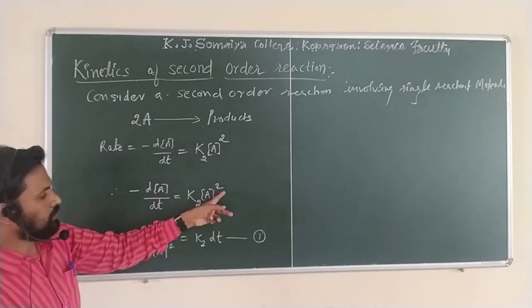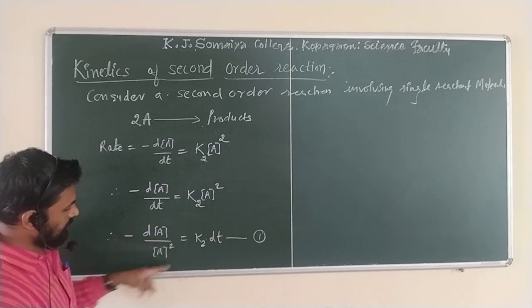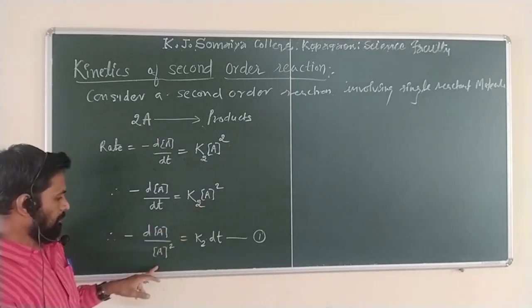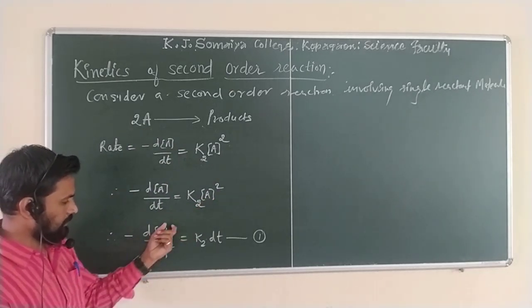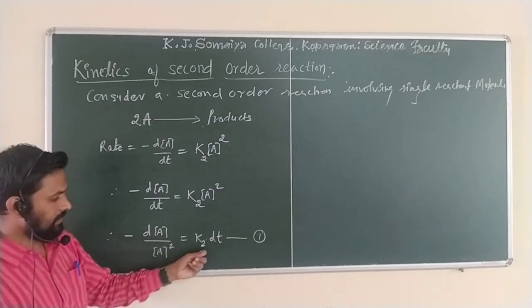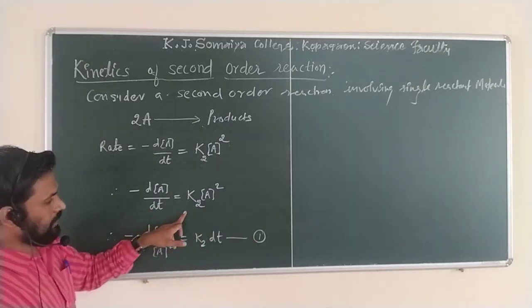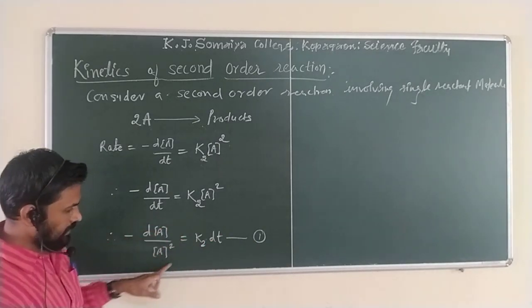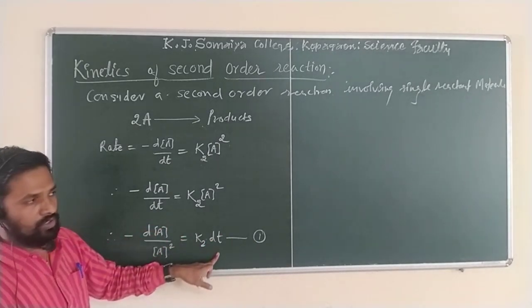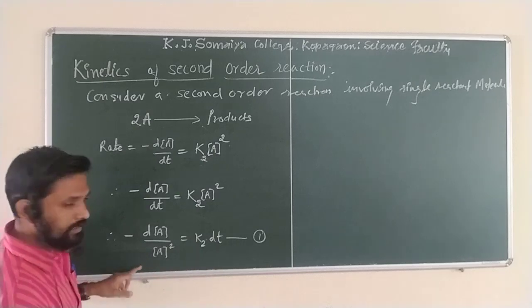Now, what I did here: only the concentration terms are taken on one side, and K2 with respect to time is taken on the other. Therefore I just rearrange the above equation: minus dA upon A square is equal to K2 dt. Okay.